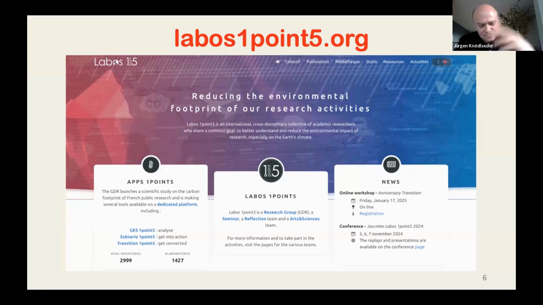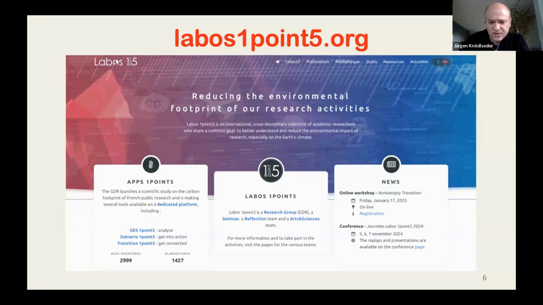So this means a number of labs have now done several carbon footprint assessments to also study the evolution. And there are other tools to get into action, to model scenarios for footprint reduction. And of course, also tools to get connected between the labs to learn from each other.